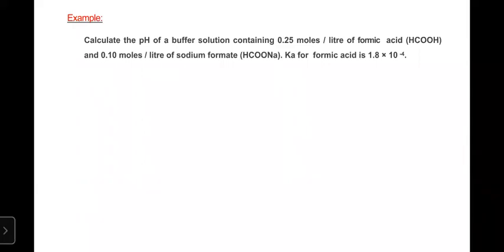Just convert Ka into pKa. The acid concentration and salt concentration are given. Then which equation do you put? Which type of buffer is it? Is it acidic or basic?